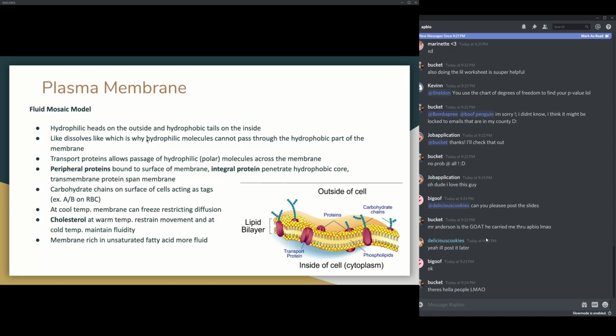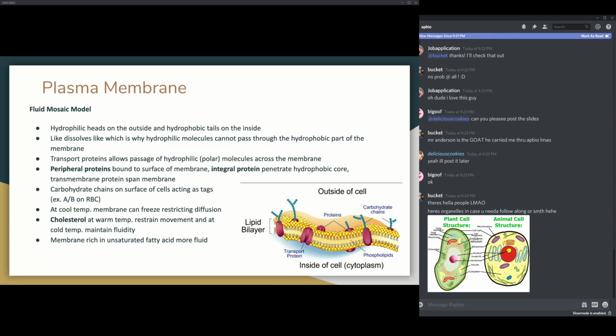It's made of phospholipids, and then you have like dissolves like, which means that hydrophobic molecules can basically go through plasma membranes. But if you have a polar molecule, it is not able to move through the membrane. And so you have transport proteins that allow movement of hydrophilic or polar molecules across the membrane.